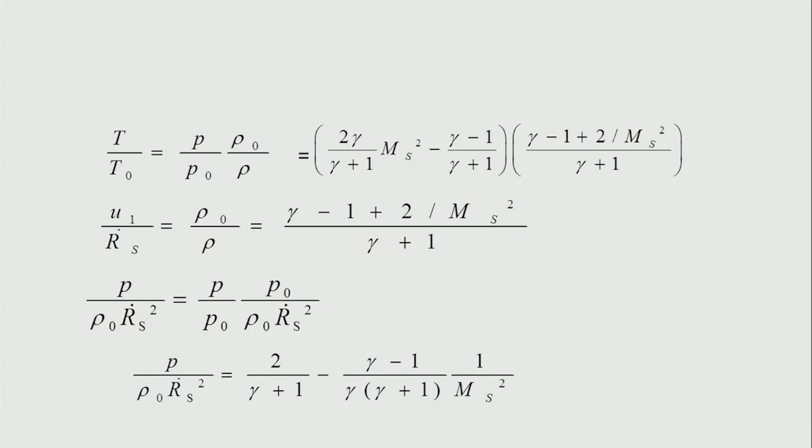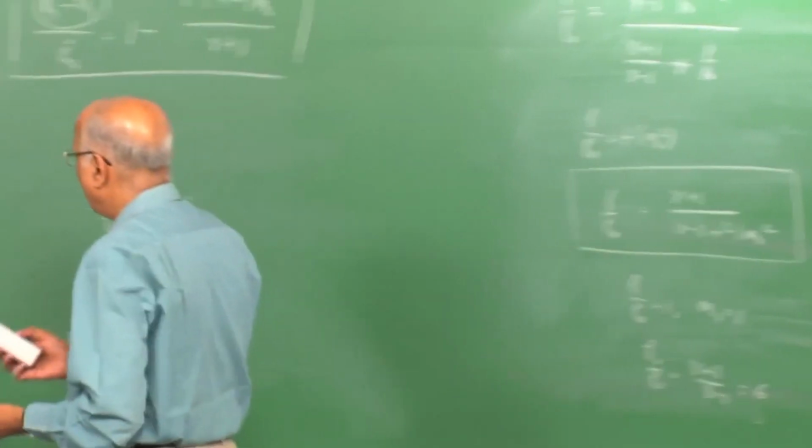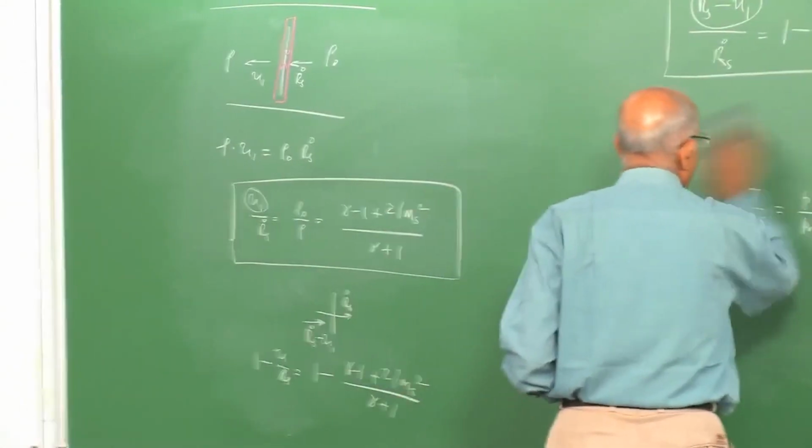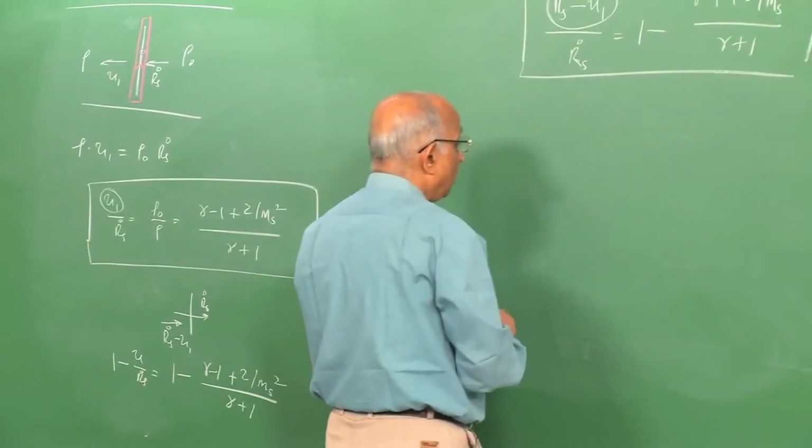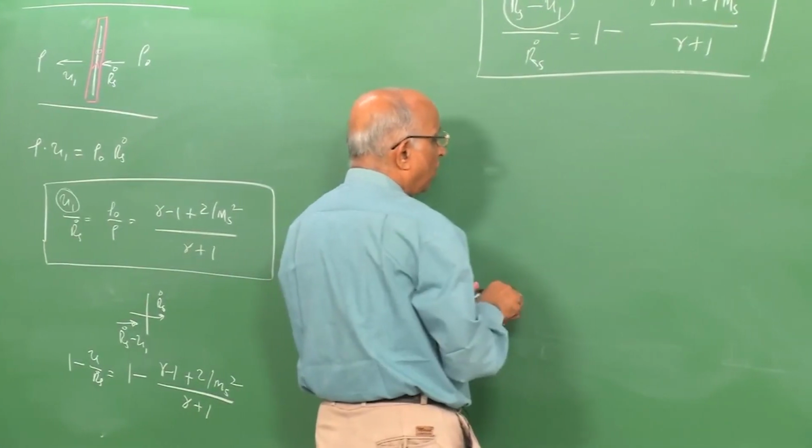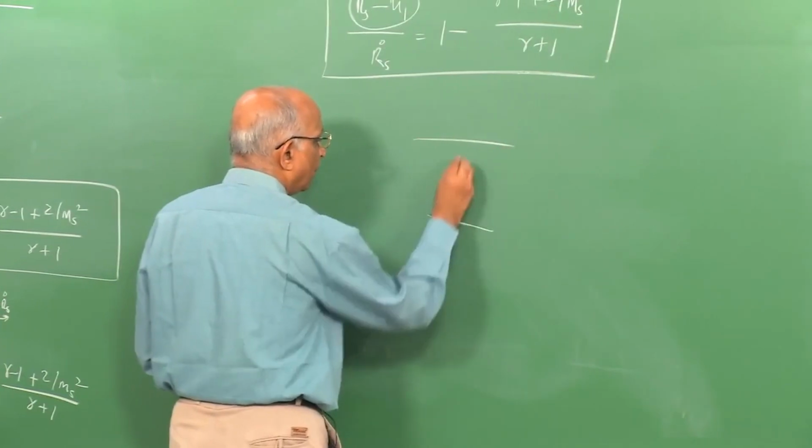But what is the problem I have been able to solve? Let's be very clear about it. The problem we are solving is for a case of a constant velocity shock.